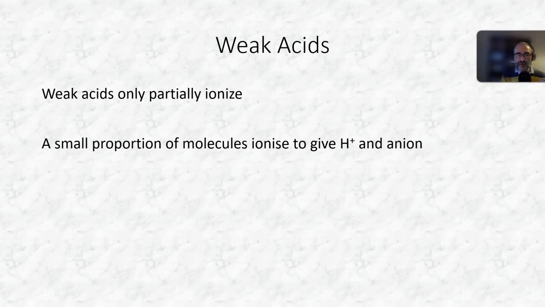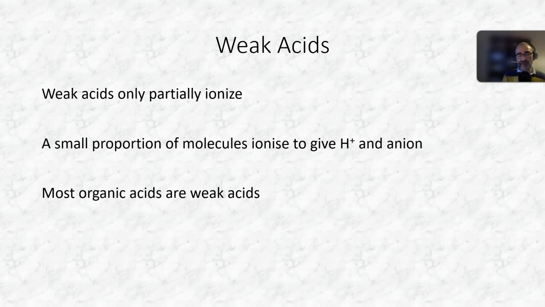With weak acids it's only a proportion, and it tends to be a small proportion of the molecules that ionize into H+ and anion ions separately within the solution. Most organic acids are weak acids, but that doesn't mean that all weak acids are organic acids. There are inorganic acids that are also weak acids too.